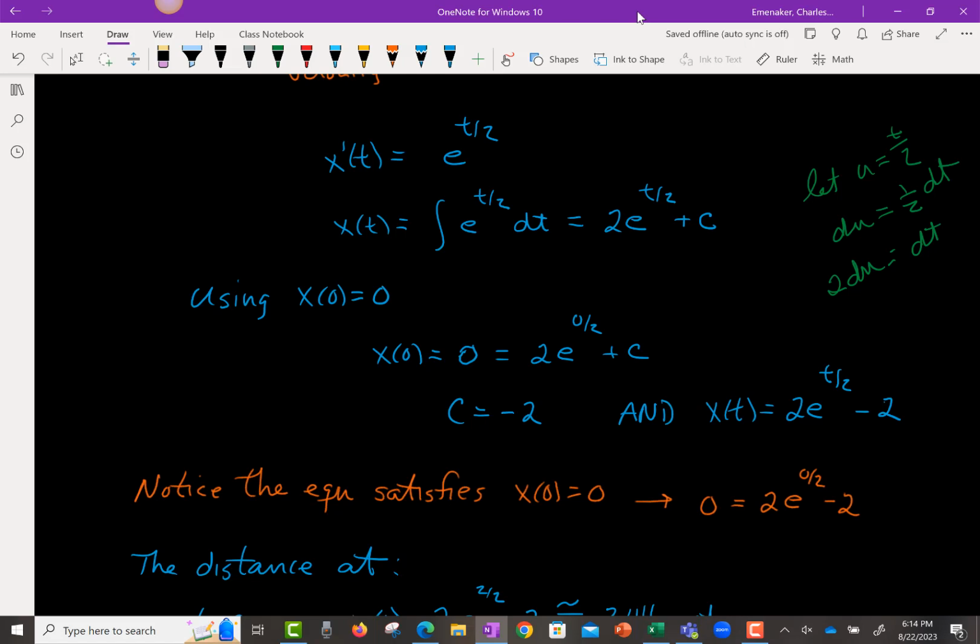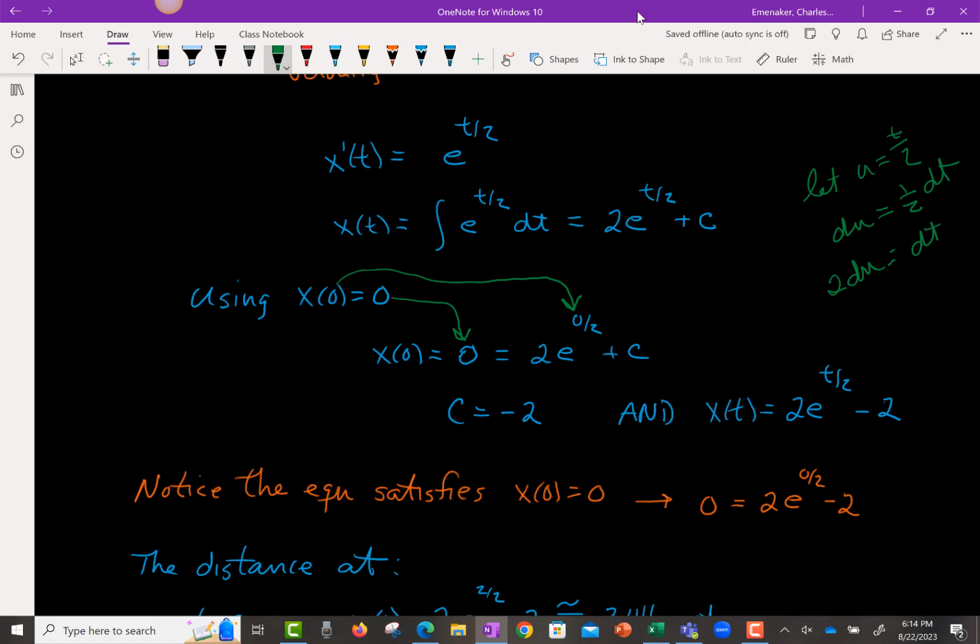Okay, so we now have our position equation, x of t is equal to 2e to the t over 2 plus c. I'm going to substitute in my initial conditions. Remember that when t is 0, I should get back a value of 0, which gives me the equation 0 is equal to 2 e to the 0 power plus c.